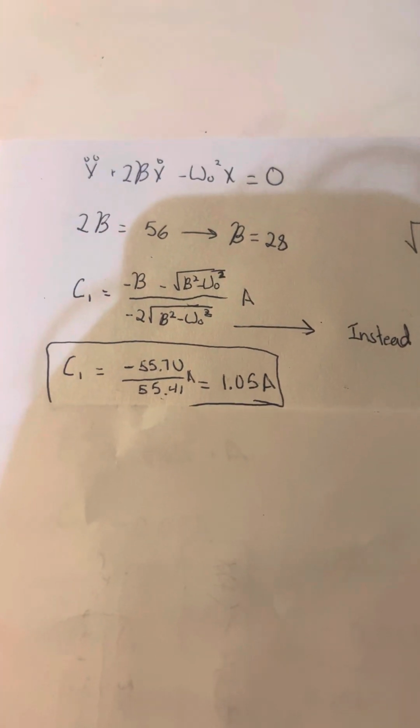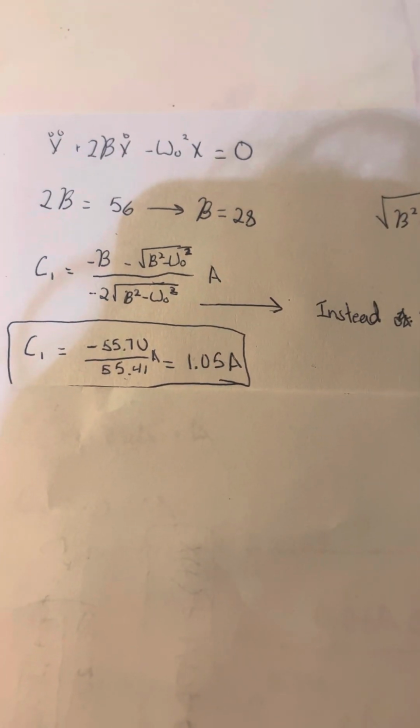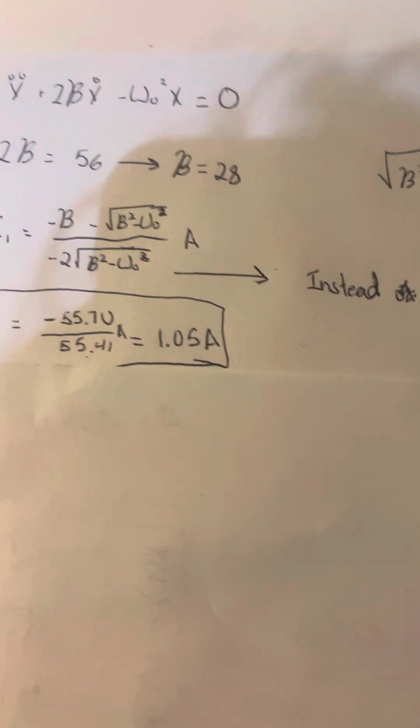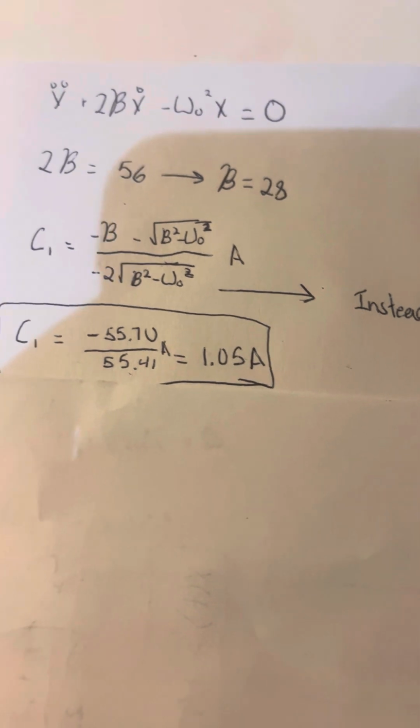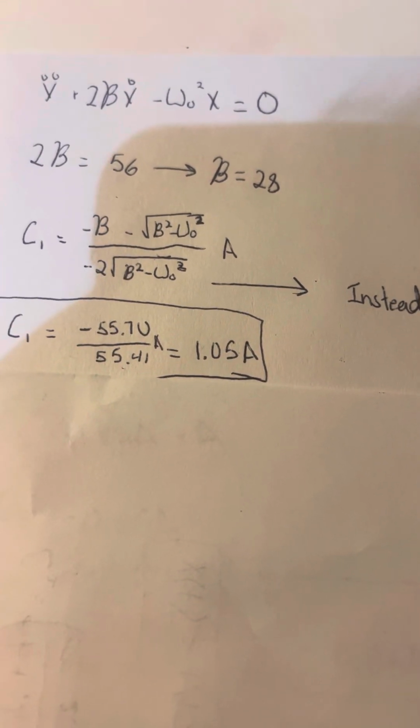Then I solved for the square root of beta squared minus omega squared, which came out to be 27.7. I plugged all the numbers in for a, and when all the numbers are plugged in, it should be negative 55.41, so it comes out to be 1.05a.